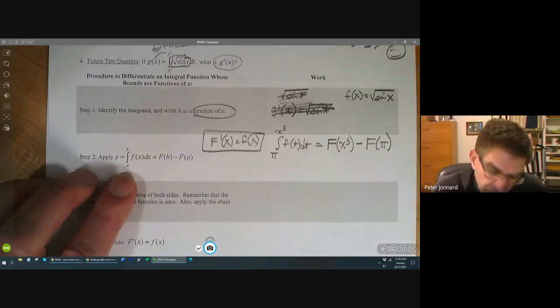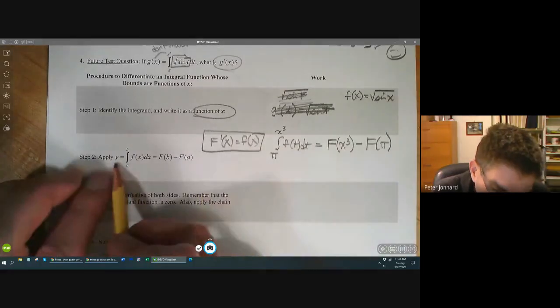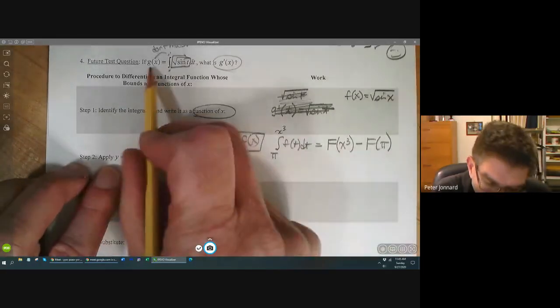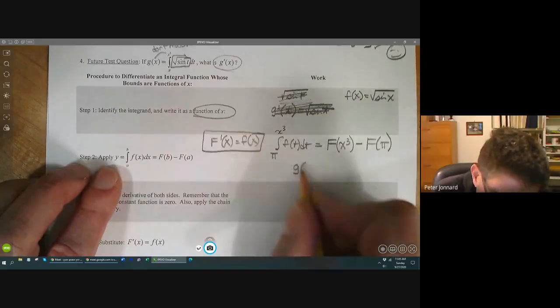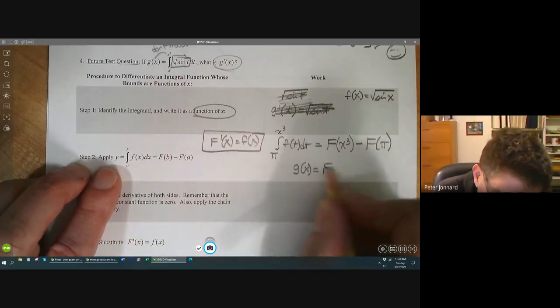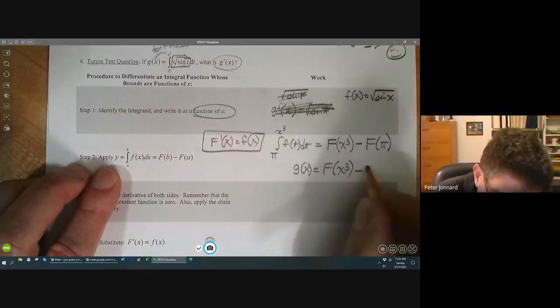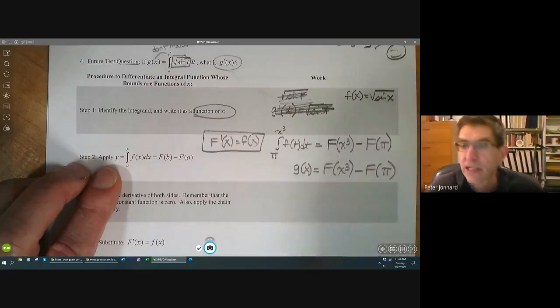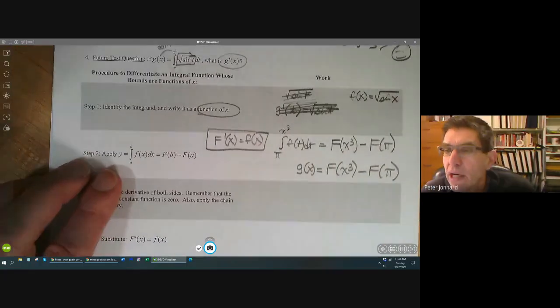And this is what we are calling g, our original function g of x. So g of x is equal to capital F of x cubed minus capital F of pi, like so. And there we have it.